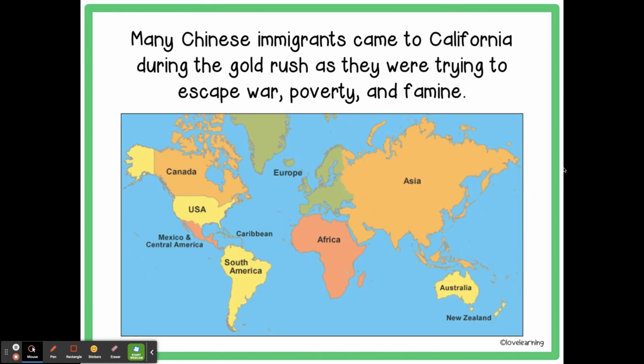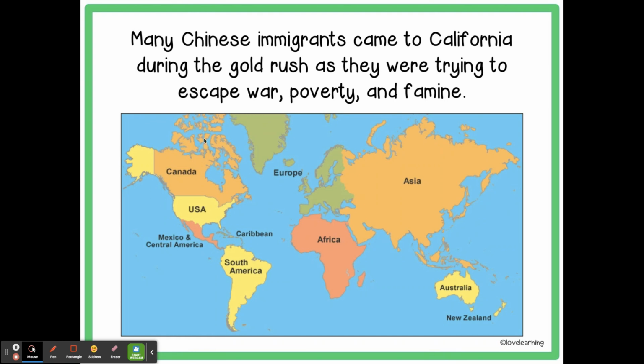One thing that's important to note is that many Chinese immigrants came to California during the gold rush as they were trying to escape war, poverty, and famine. So over here in China, over in Asia, they are traveling all the way around to get to California, which is the easiest access coast to them.